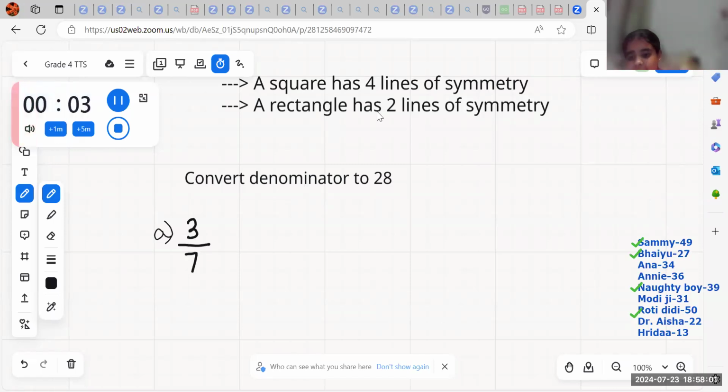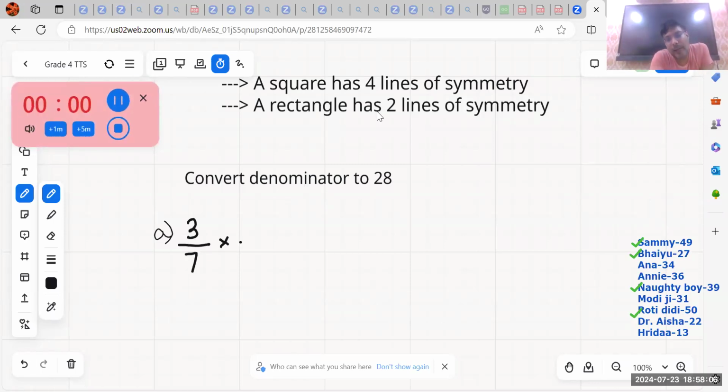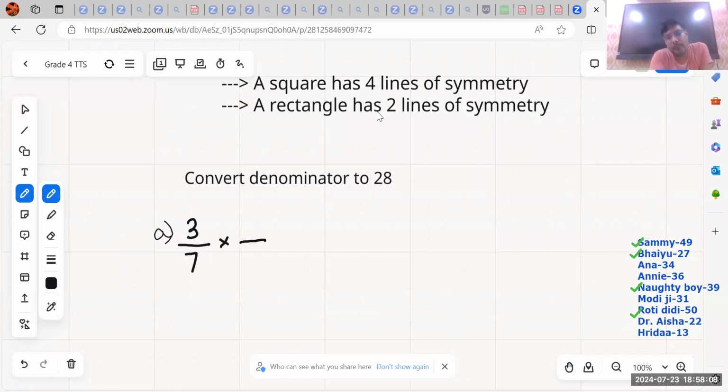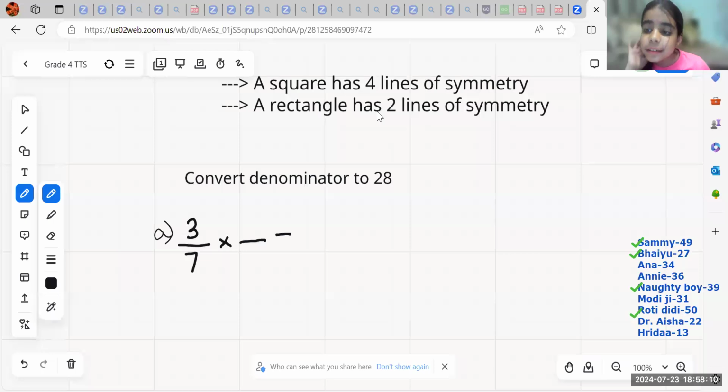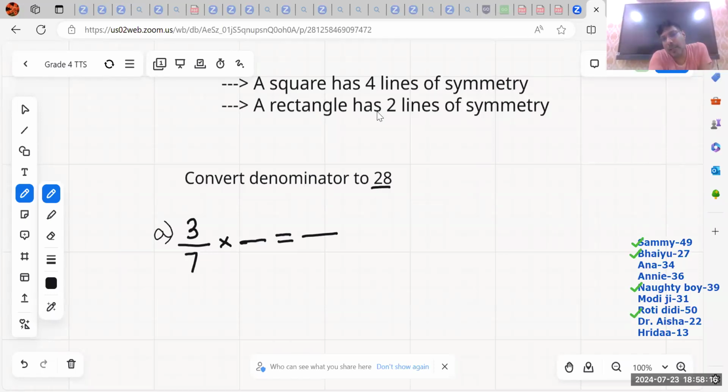So Dr. Aisha, which number will I multiply 7 with to get 28 in the denominator? Sir, with 7 or with 3? With 7, beta, we need 28 in the denominator, so we will multiply with 7 only.